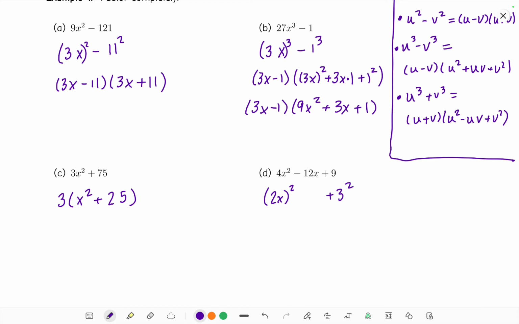And then 12x is the same thing as negative 2 times 2x times 3. So this is the square of a binomial. So this will, because of the minus sign, factor into (2x minus 3) squared because it fits this form.